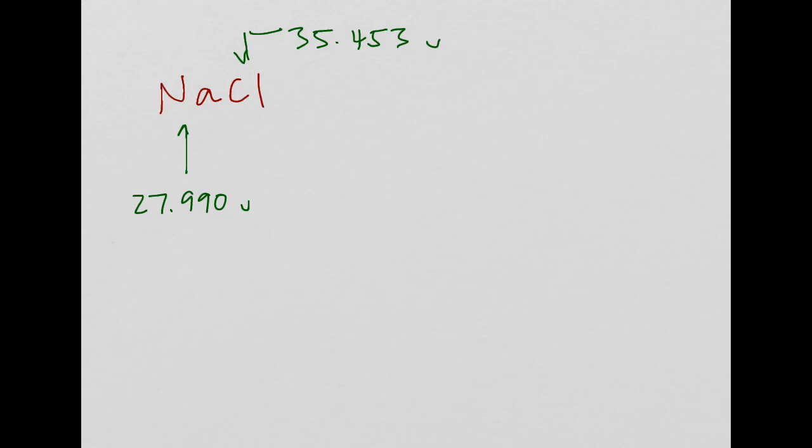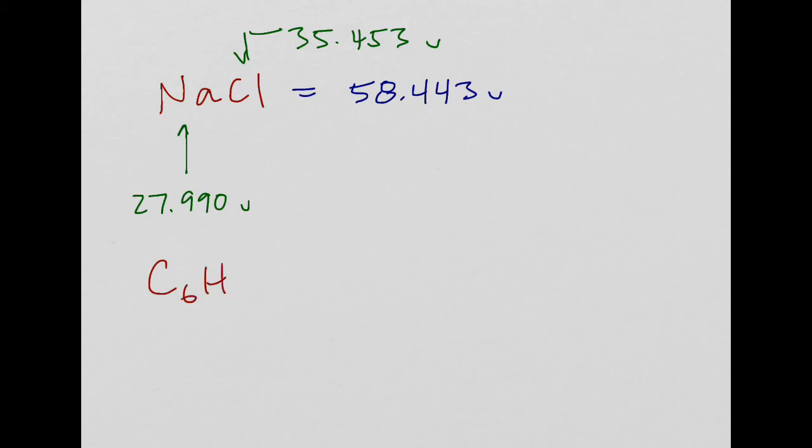And because there's only one sodium and one chloride ion that goes with the single formula unit of sodium chloride, the mass of the entire formula unit, the formula mass, is 58.443 U.